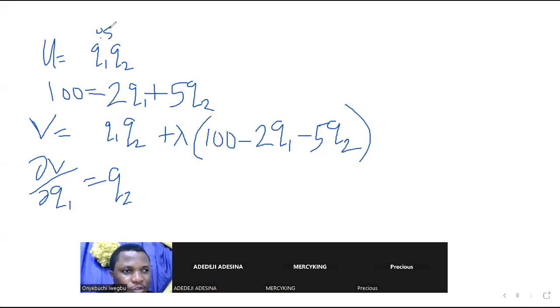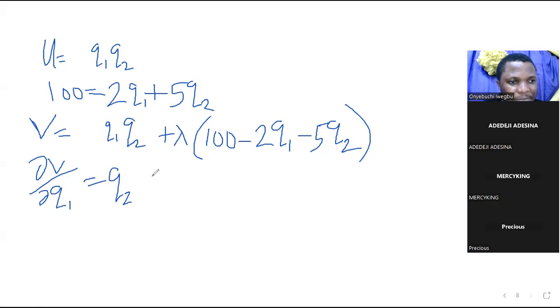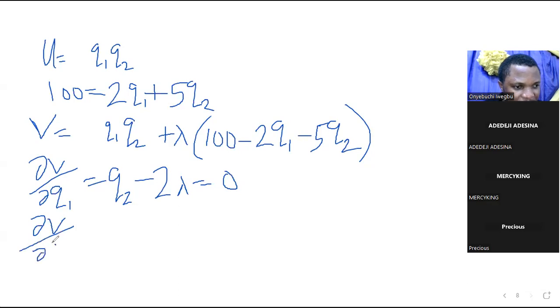You should know how to do all of those differentiations. Okay, that's Q2. If I differentiate with respect to Q1, I have minus 2 times lambda. That's minus 2 lambda equals 0. Then I will do dV/dQ2. If I differentiate this with respect to Q2, the answer will be Q1. Then minus, with respect to Q2, I have 5. That's minus 5 lambda.